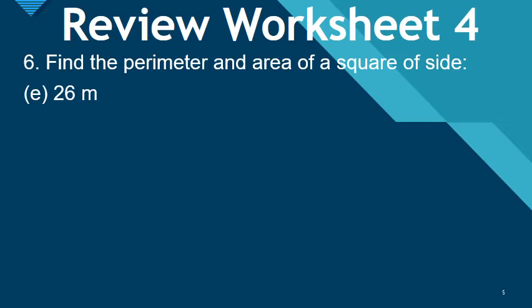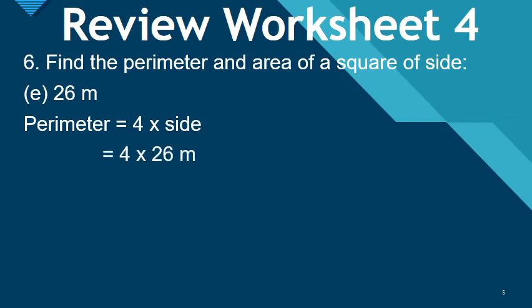So children, we know that perimeter of a square is equal to 4 multiplied by side. As it is given in the question that the side of the square is equal to 26 meter, what we will do? We will multiply 4 by 26 meter.